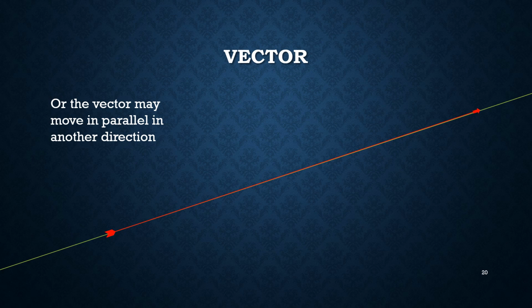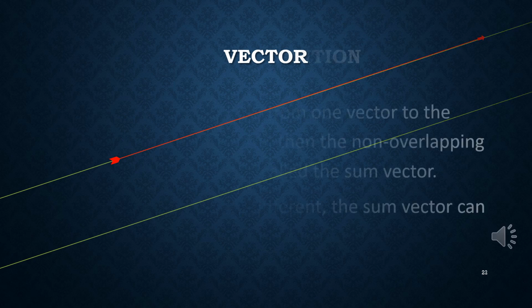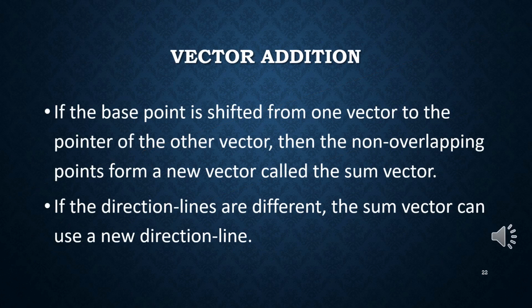Or the vector may move in parallel in another direction. If the base point is shifted from one vector to the pointer of the other vector, then the non-overlapping points form a new vector called the sum vector.